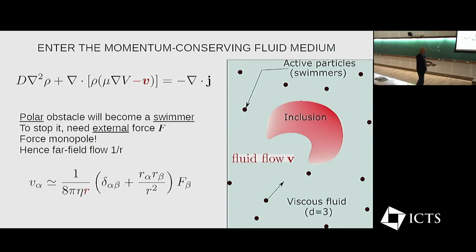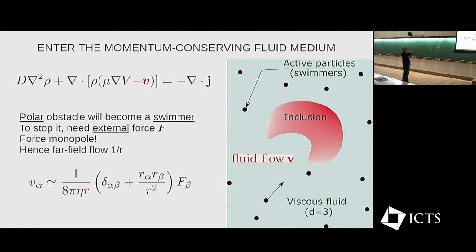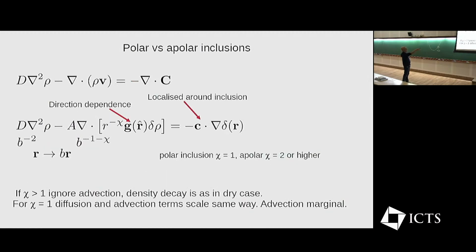Okay, and clearly, whatever else happens, this object is going to produce a fluid flow of this form. So the problem you'll be solving in the far field is this. Far away, the potential is unimportant. What you've got is the fluid flow generated by that object, and this localized source term, which, if you're far away, is some vector dotted into grad delta of r.